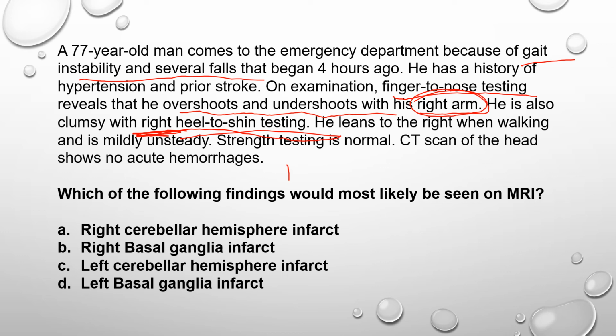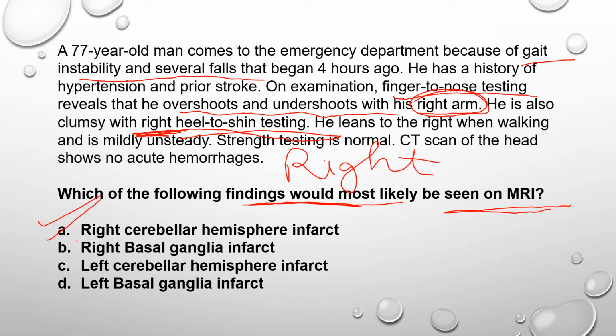So this all indicates that the right side of the body is suffering from ataxia, tremor and gait instability. So the finding that would most likely be seen on MRI will be the right cerebellar hemisphere infarct, because the ipsilateral side of the cerebellar lesion leads to intention tremor, gait instability and falls.